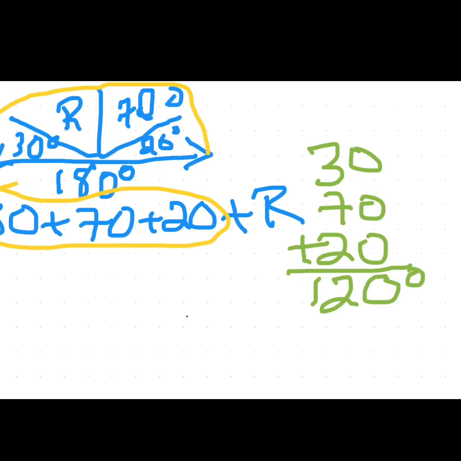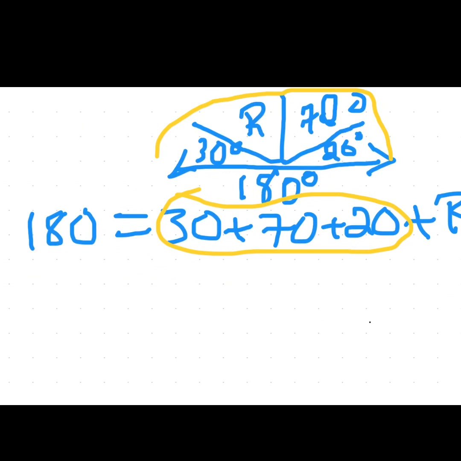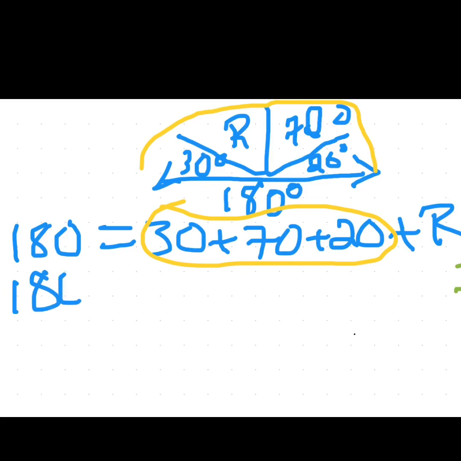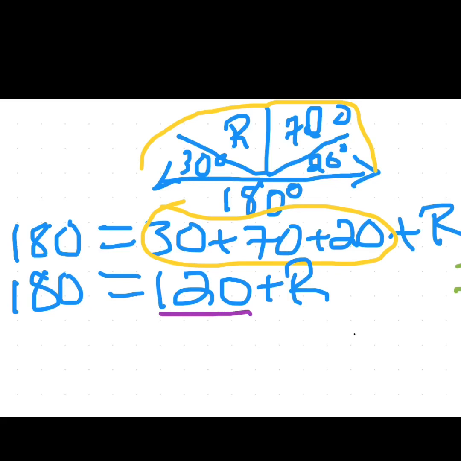Now we know that 180 equals 120 plus R. Now we have to get rid of our 120, so R can be all by himself. So we want to get rid of this guy. Since we're adding, we know we have to subtract.